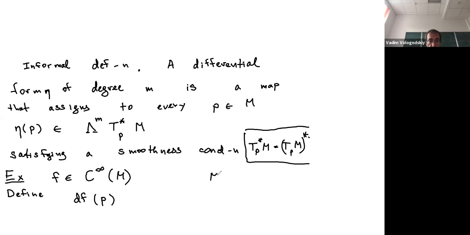I can think of f as a map from M to the real numbers. And so its derivative at P maps the tangent space to M at P to the tangent space at the point f of P to R, which I can identify with R itself, right?